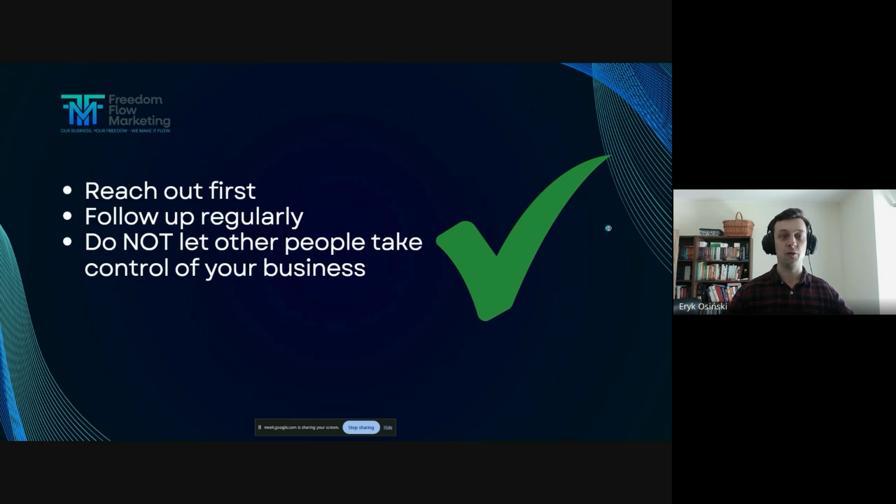Then you obviously have to follow up regularly. So let's say someone said they are interested on Monday, and then another two more days go by. You don't just wait for those people to make your job easier. You follow up with them. You make sure you move them from one stage to another until a successful consultation is booked or until an agreement is signed.